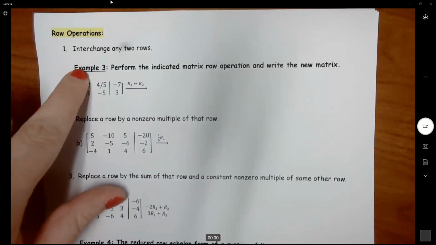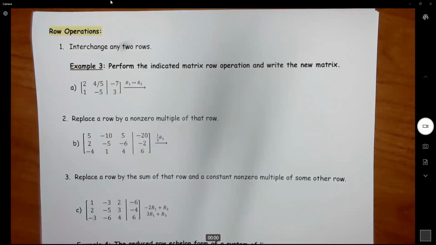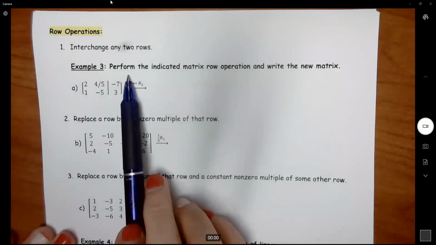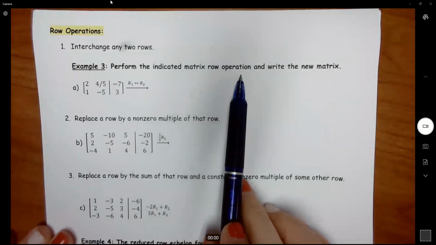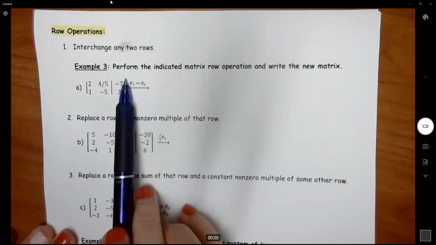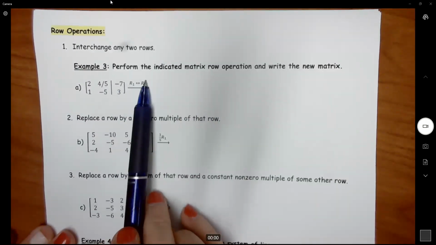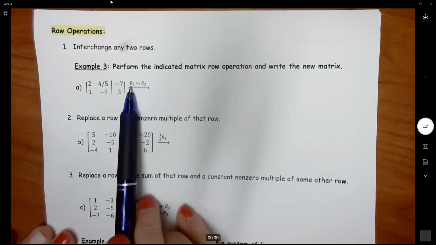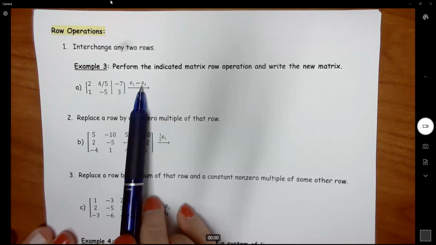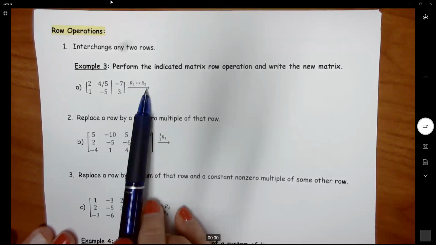The first thing you can do is interchange any two rows. In my math lab, it's going to tell you to perform the indicated matrix row operation and write the new matrix. This right here is your notation to let you know you're interchanging two rows. It's telling you you want row 1 and row 2 to interchange places.